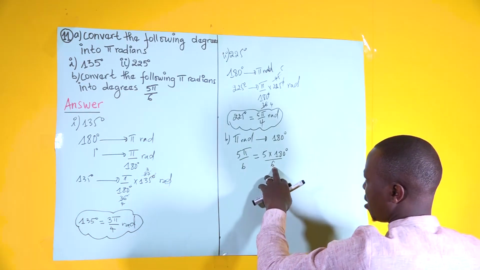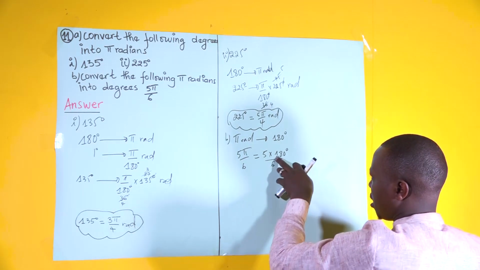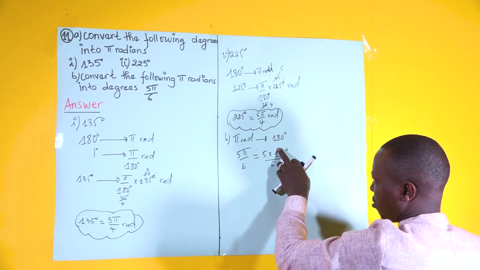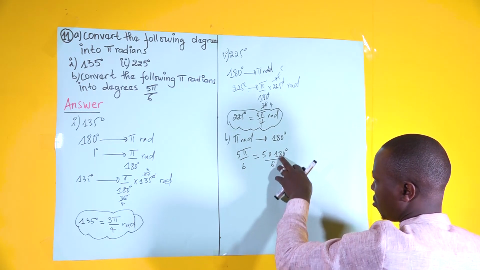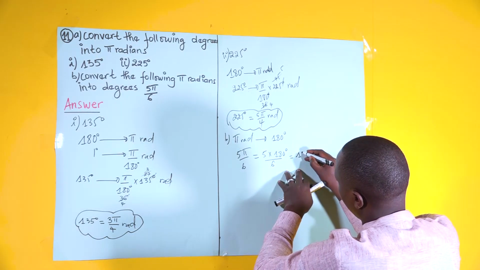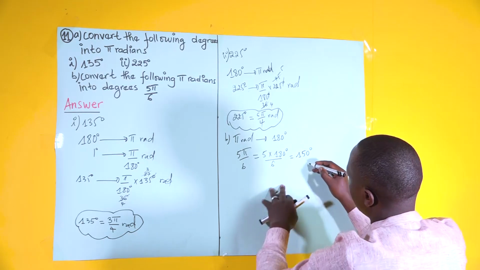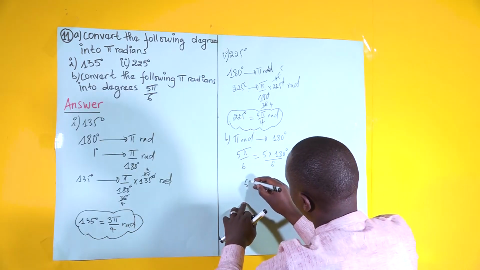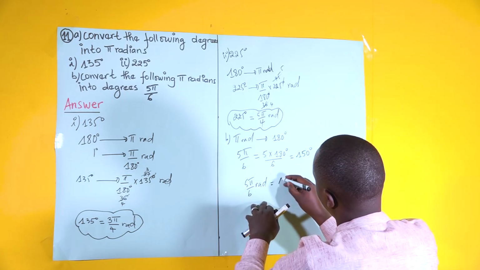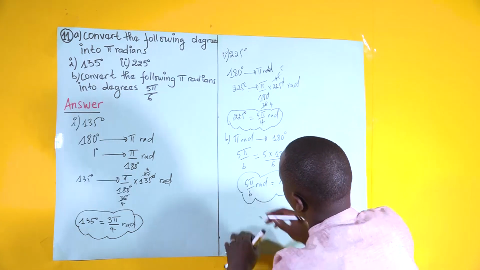When you simplify 180 by 6, we remain with 30 degrees. 30 degrees times 5, this is 150 degrees. It means 5 pi over 6 radians equals 150 degrees, right?